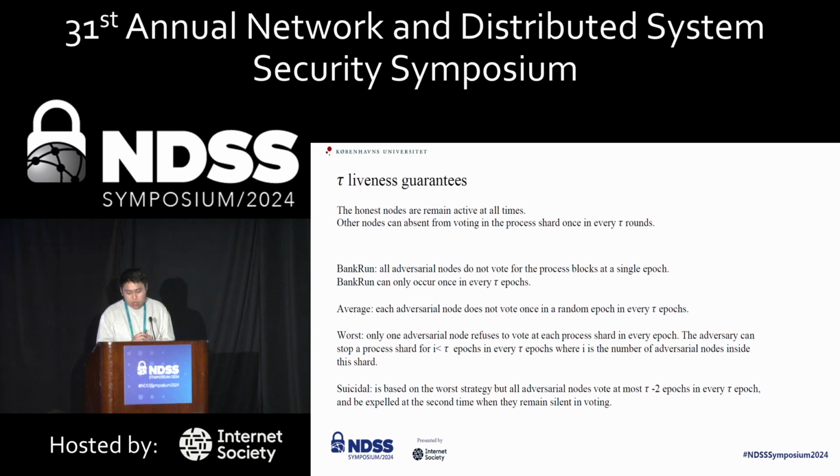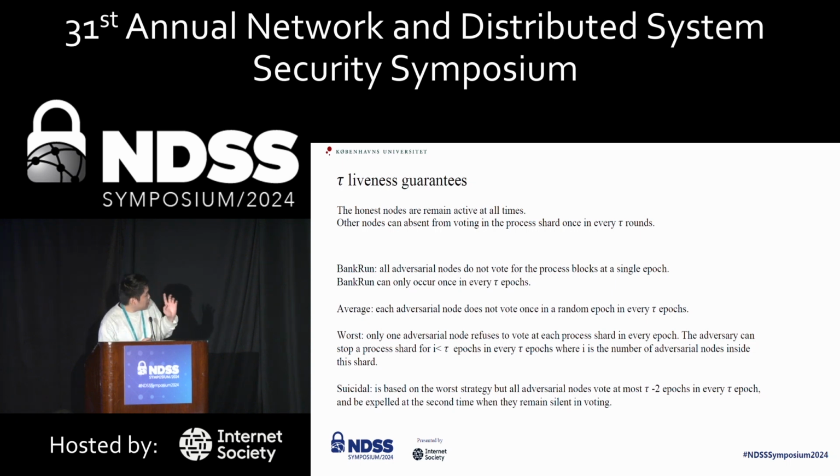And the worst: because the process shard requires unanimous voting, you only need one silent adversary node in each process shard to completely pass all the process shards for one epoch. Thereby, it can stop I epochs in every tau epochs without violating the tau liveness guarantee, where I is the number of adversary nodes in a shard.